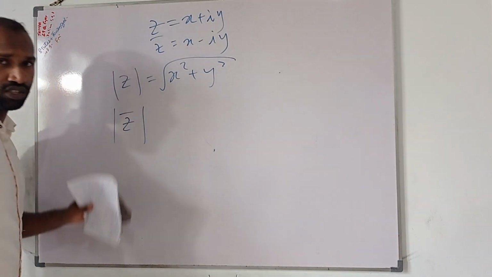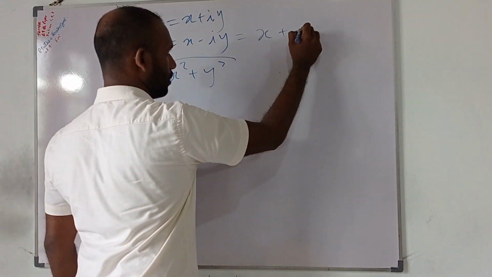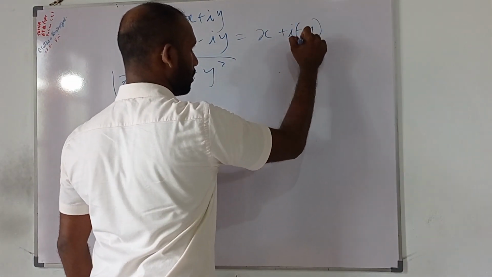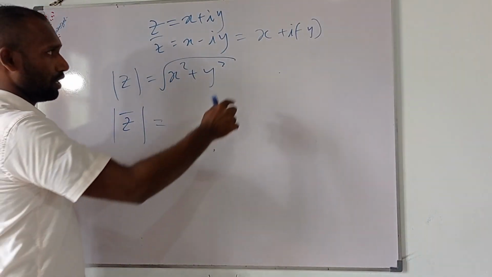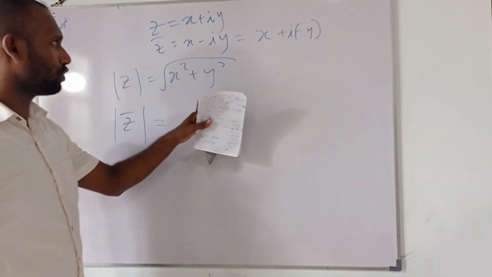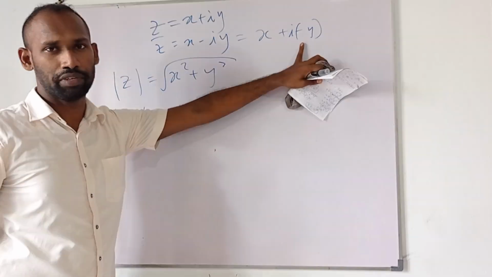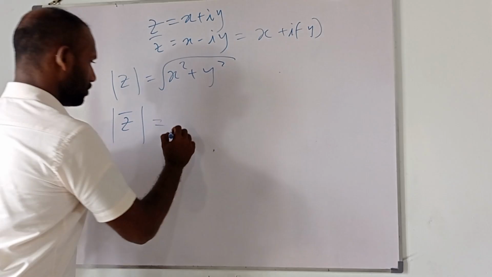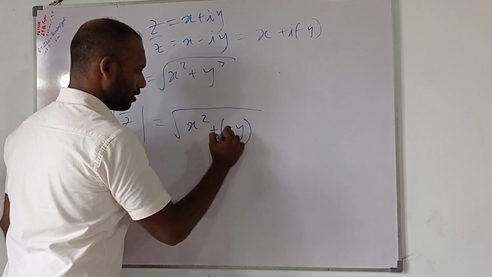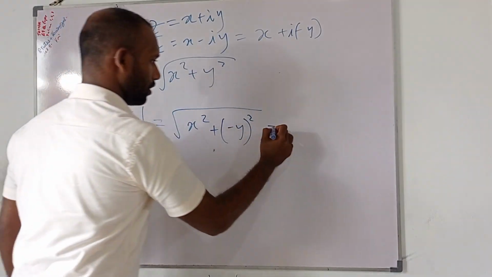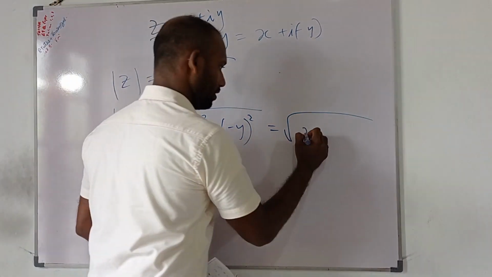The modulus of Z bar, this can be written like this: take the square of the real part and imaginary part separately, so the square root of x squared plus minus y squared, so x squared plus y squared.